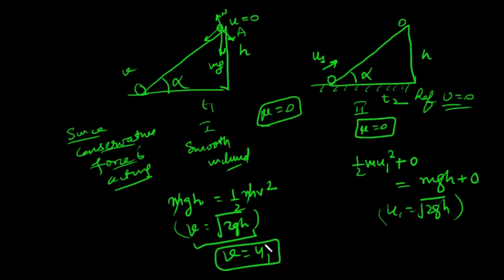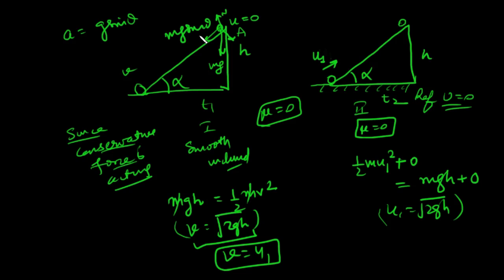Alright. Now what is the time taken? First of all, here we need the acceleration. Okay. What would be the acceleration? Acceleration would be g sine theta, because the only force acting here is mg sine theta, which is causing the object's acceleration in this first situation.